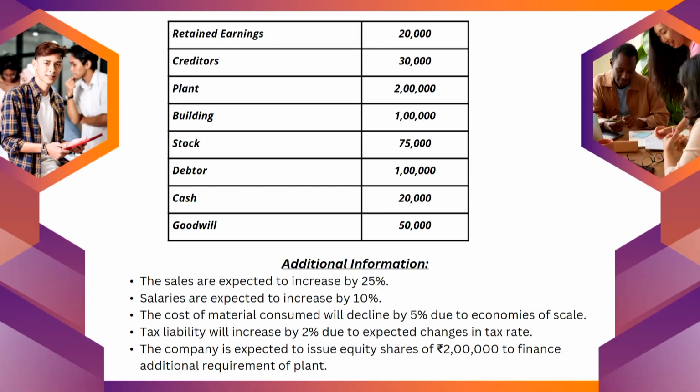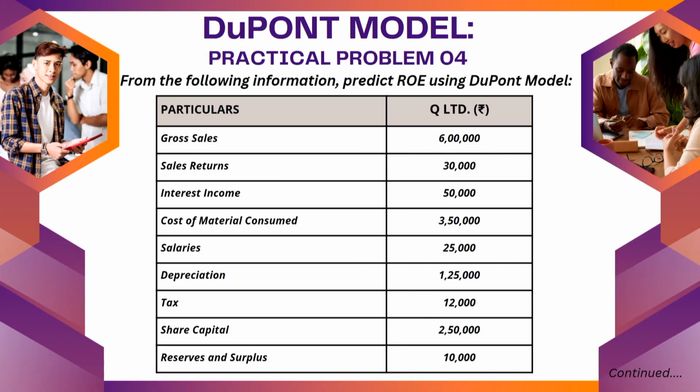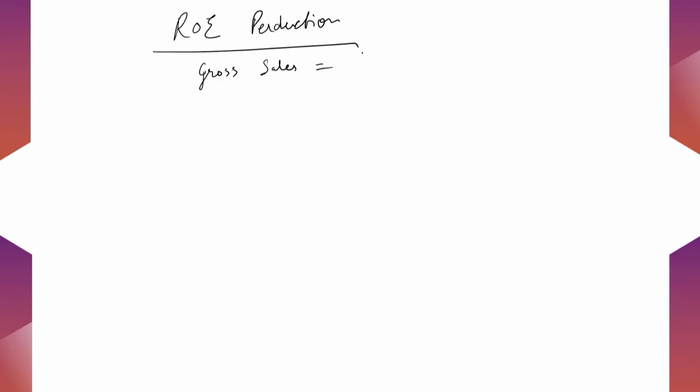You are provided with the gross sales of rupees 6 lakh in the question, and this 6 lakh is to be increased by 25%, which leads to gross sales of 7,50,000.